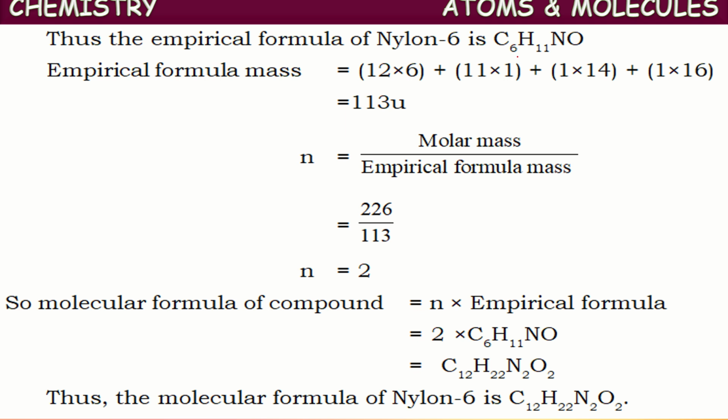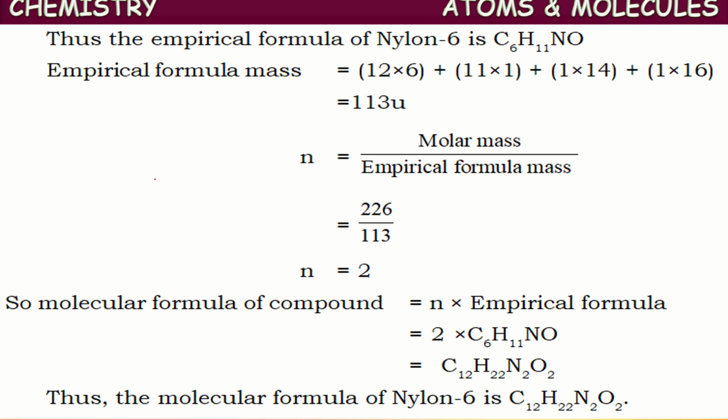How many hydrogens are there? 11. 11 into 1, plus how many nitrogens are there? 1. 1 into 14, plus 1 into 16. So total 113 unified masses, meaning 113 grams. So the empirical formula mass of nylon 6 is 113 unified masses, 113 grams.